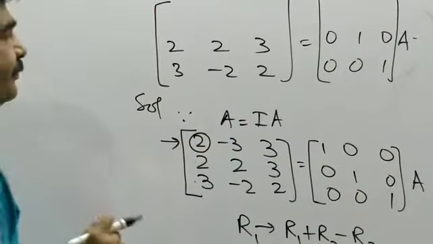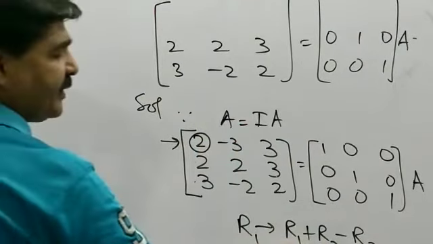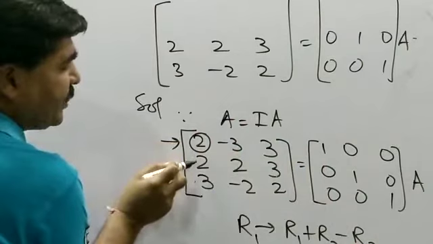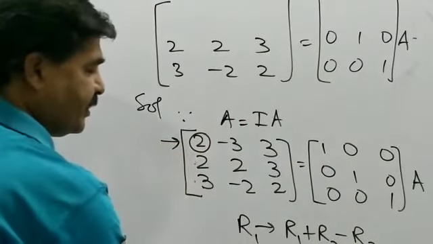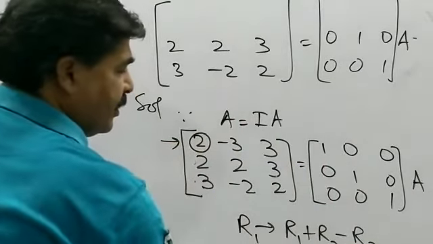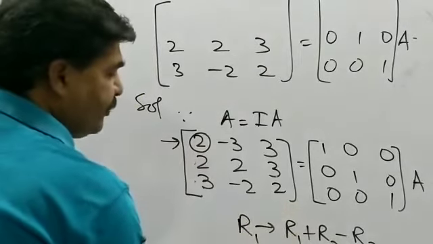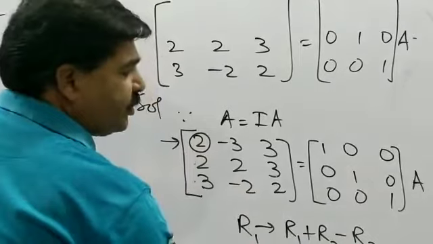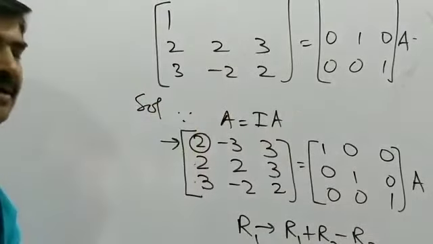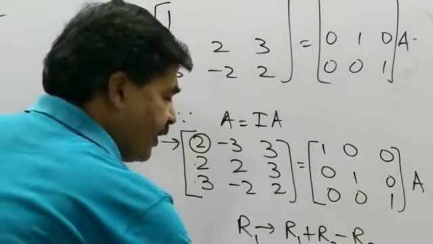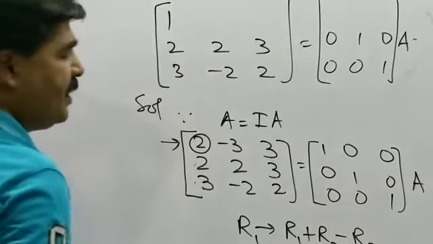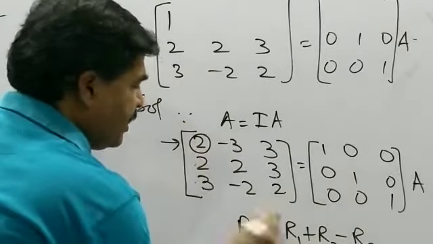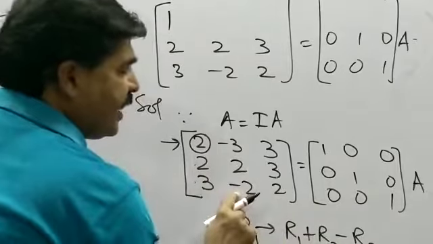After that, now you see R1 plus R2 minus R3. R1 is 2, R2 is 2, R3 is 3. 2 plus 2 minus 3, this is 1. Clear?